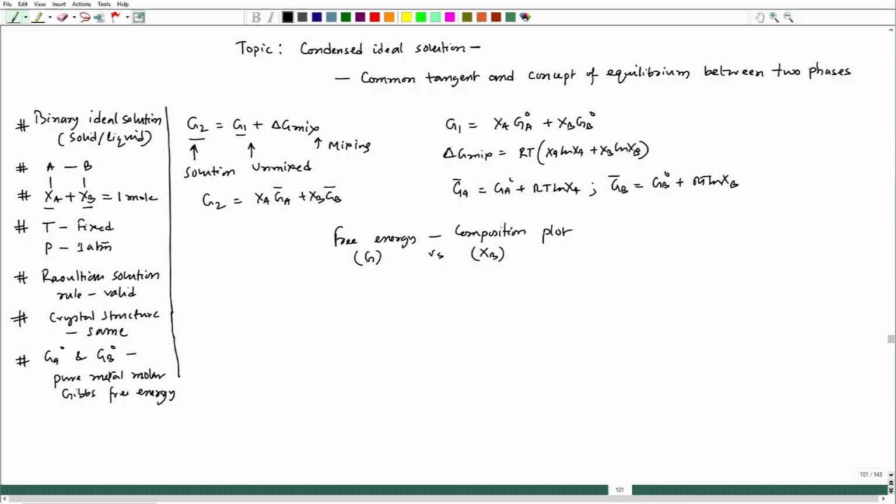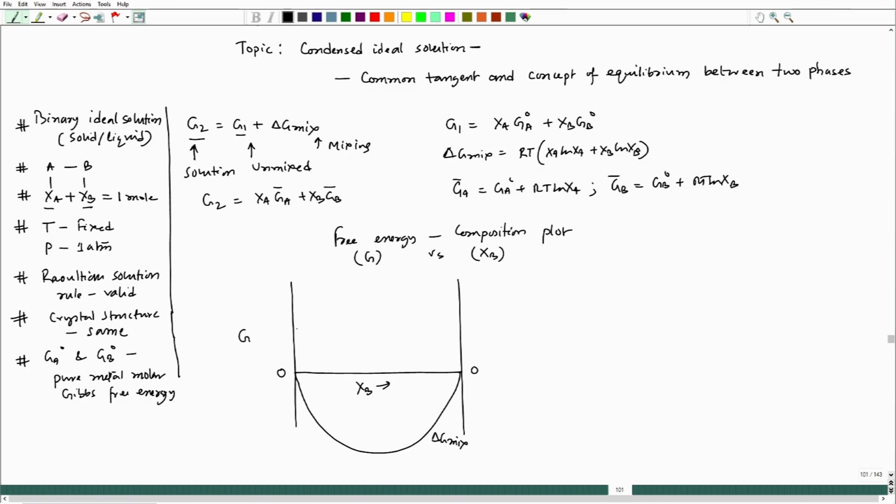So, I am taking XB as the reference, and I am trying to see how G varies. So, there we have seen this is delta G mix, and let us say this is the 0 value, this is G versus XB this way, fine.